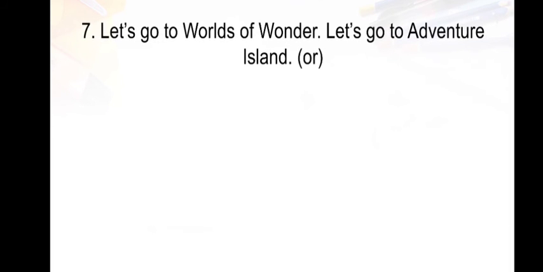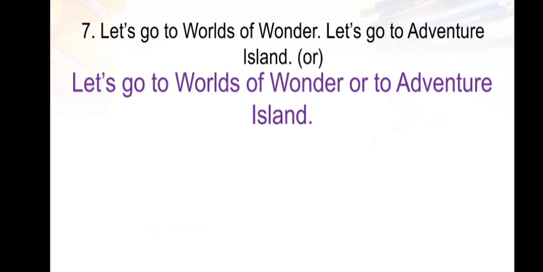The next sentences are let's go to Worlds of Wonder, let's go to Adventure Island, and the given conjunction is or. These two sentences show the option between two things. That's why I have merged both the sentences and made the sentence: let's go to Worlds of Wonder or to Adventure Island.